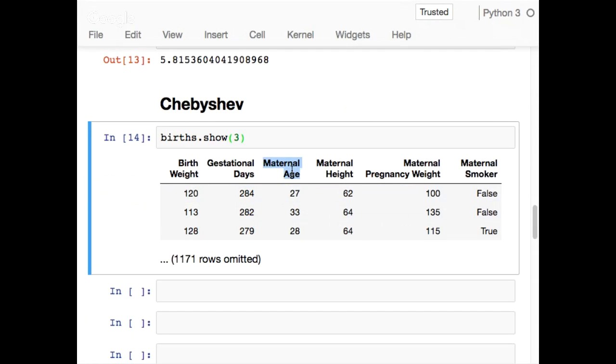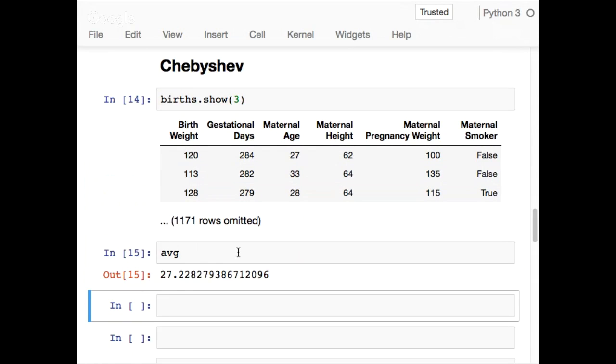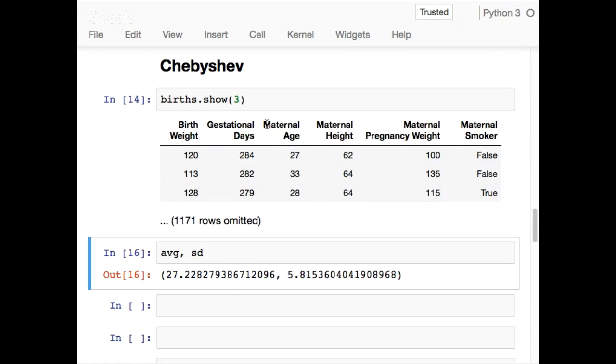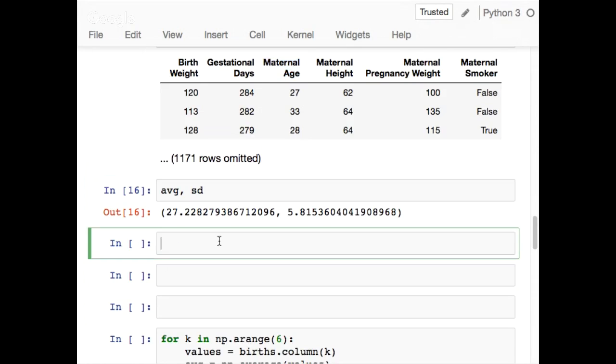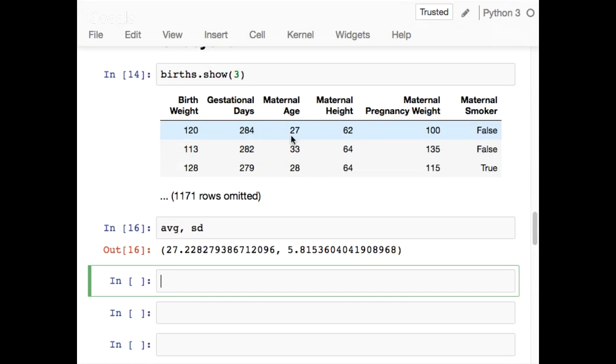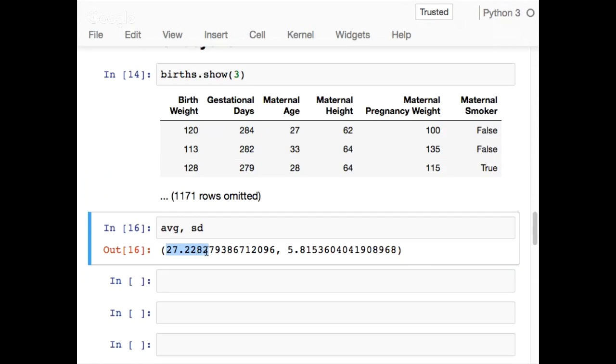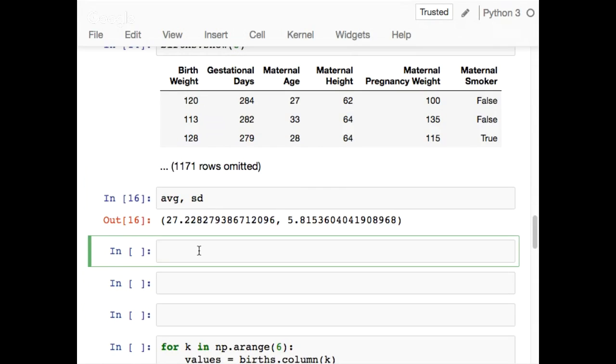I'm going to take my average, which is the average of this age, and my standard deviation, which was 5 for this column right here. Then I'll try to find the proportion of rows where the age is between average plus minus 2 standard deviations, just to see whether Chebyshev's inequality holds for this data set.